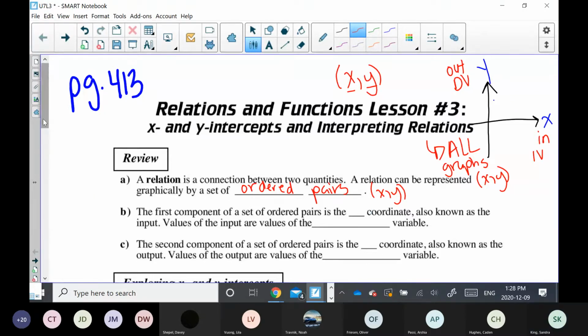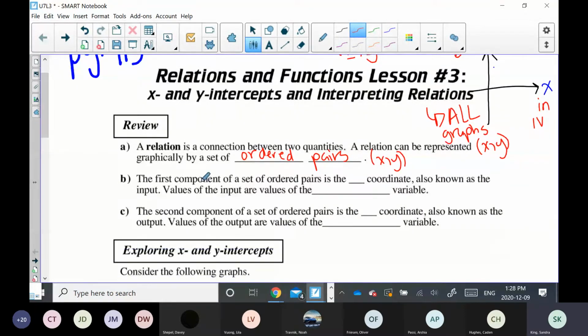The first component of the ordered pairs is our x coordinate. The x coordinate is also known as the input. Values of the input are values of the independent variable. So input and independent variable.